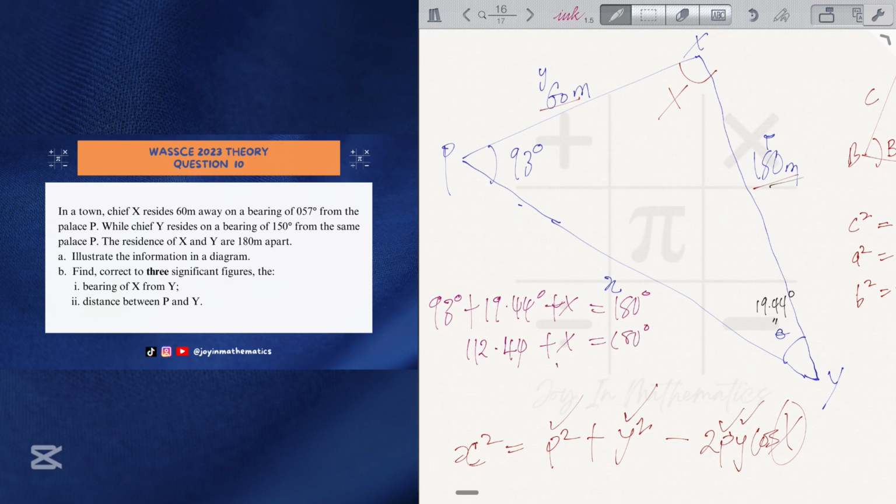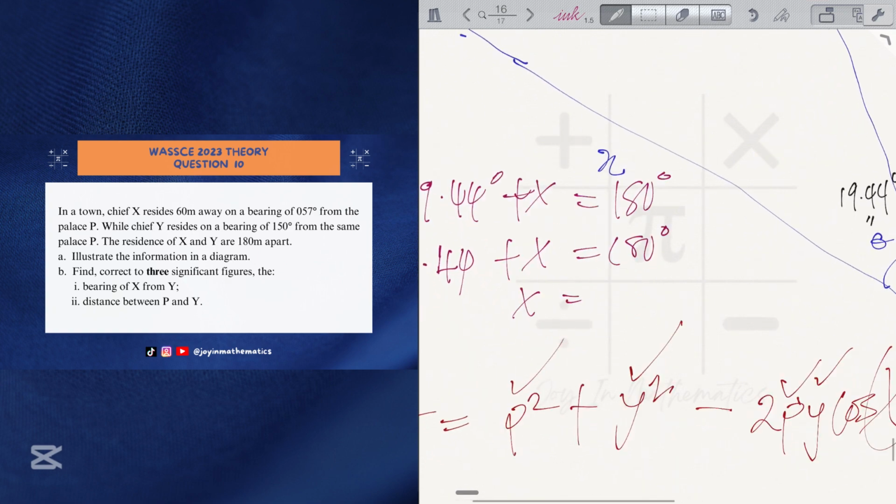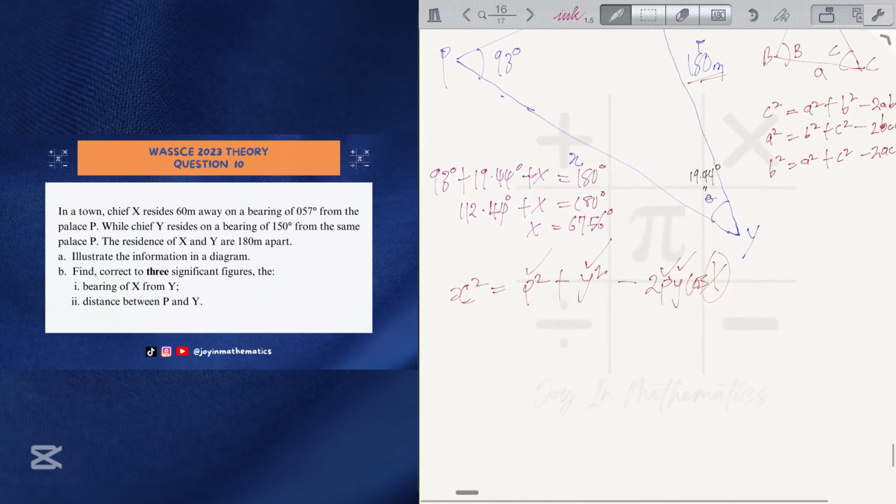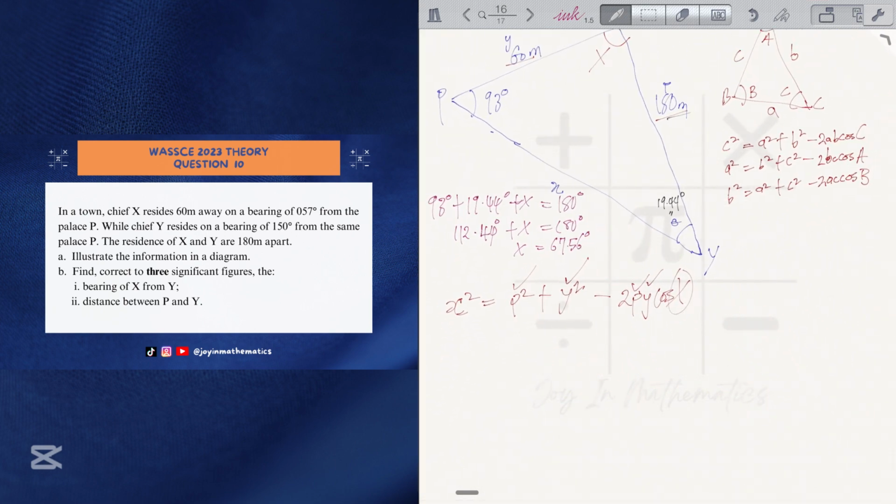So we have x to be equal to 180 minus 112.44, and this would give us 67.56 degrees. So with this now, we can apply the formula of x so that we'll find the length of p and q.